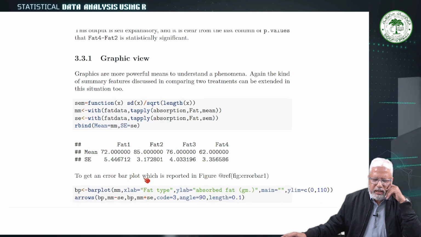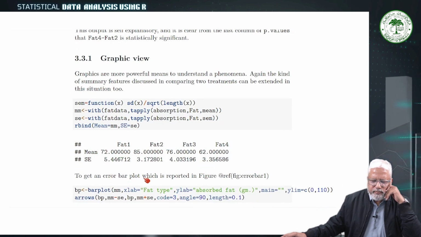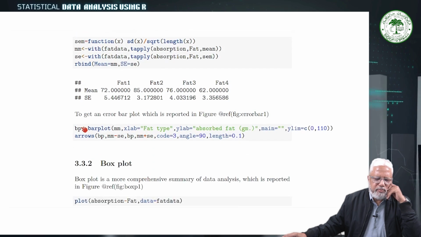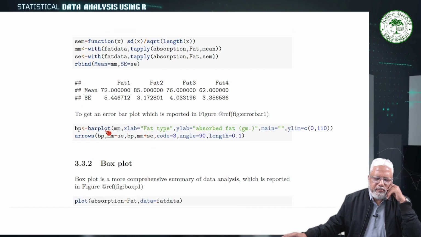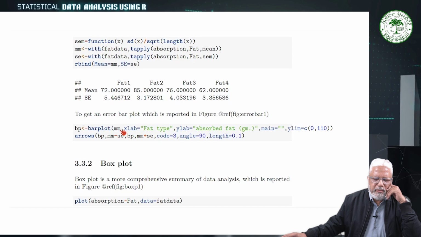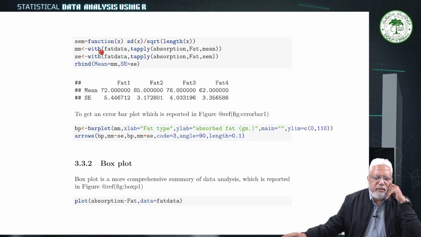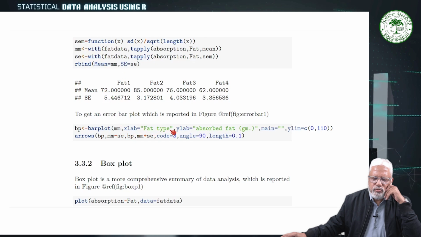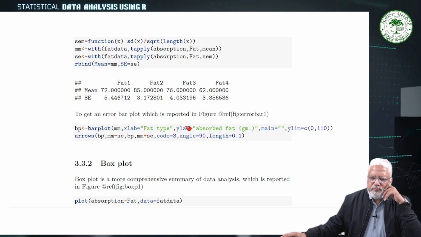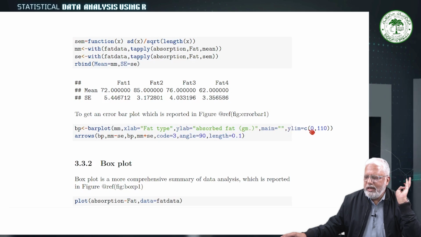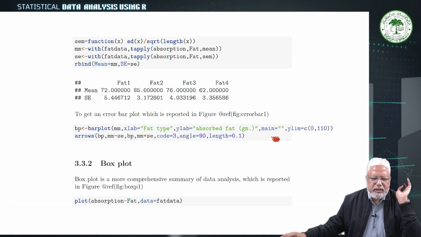To get an error plot, as reported in the figure, here bp is the bar plot, mm means the means. xlab is equal to fat type, ylab is equal to observed fat in gram, main is equal to no main title, and ylim is c(0, 110).